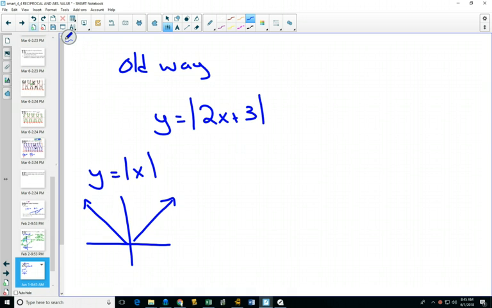You would take your absolute value x graph there, and then you do transformations. What would the 2 do? Multiply your x values by a half. What would the 3 do? Well, be careful, because you might want to say move it 3 to the left, right? But this is one of those situations where we have a horizontal stretch plus a horizontal translation. And so before you could even do your transformations, you would have to write it in factored form.